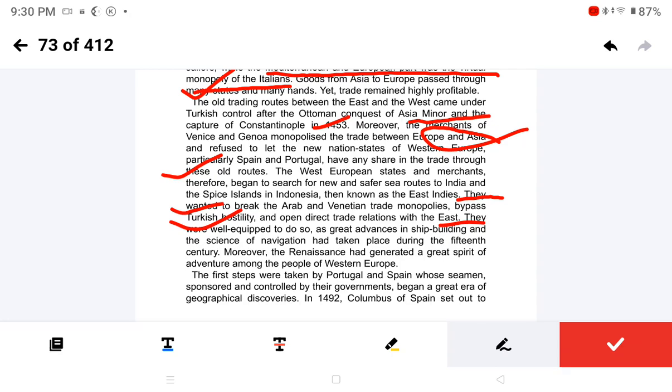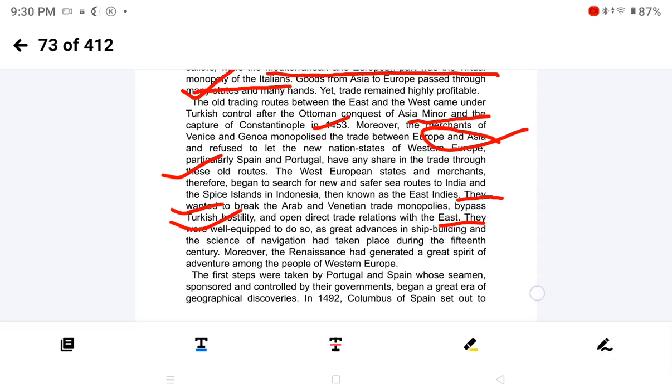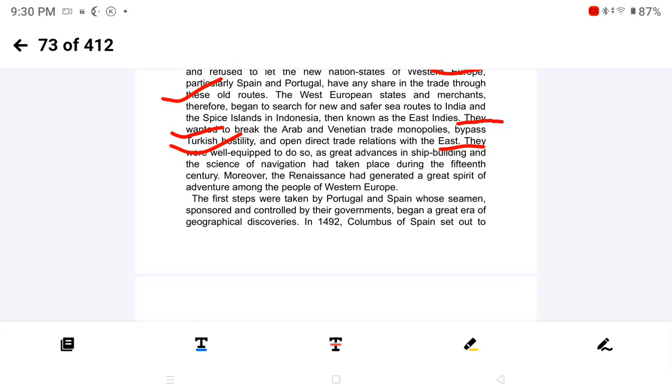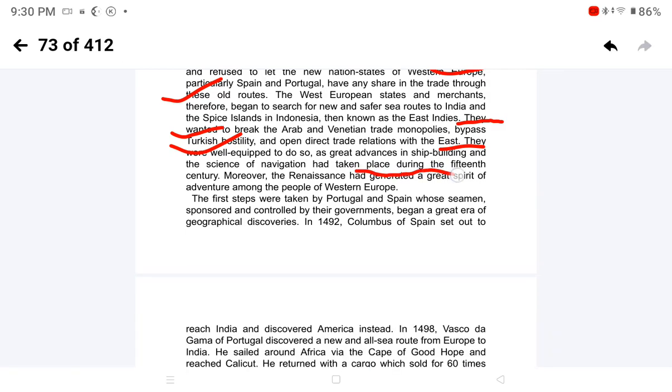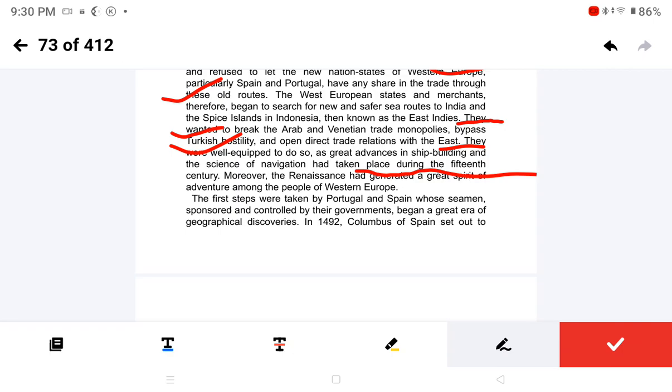They were well equipped to do so, as great advances in shipbuilding and the science of navigation had taken place during the 15th century. Moreover, the Renaissance generated a great spirit of adventure among the people of Western Europe.